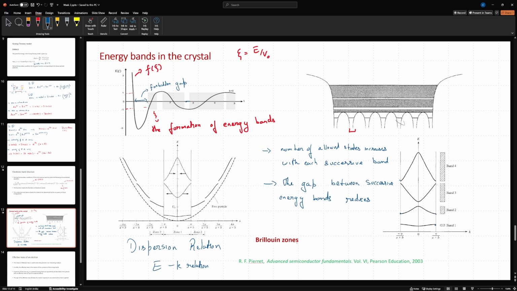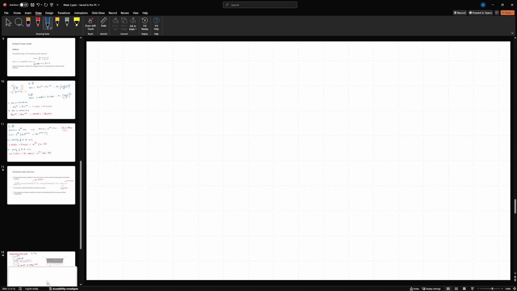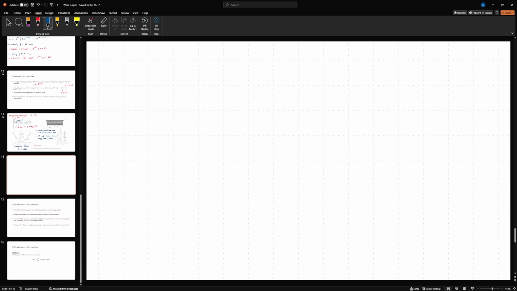Now, for a free particle, let me do that in the next slide. For a free particle, we know E is equal to ħ squared k squared upon 2m.